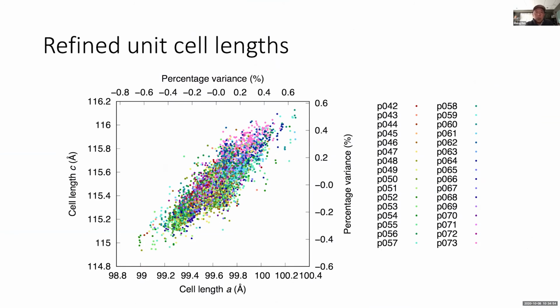I can show you another project that is not published in any of these papers. The refined unit cell length between A and C varies quite a bit from the percentage variance. You can see maybe plus and minus 0.5% both ways.